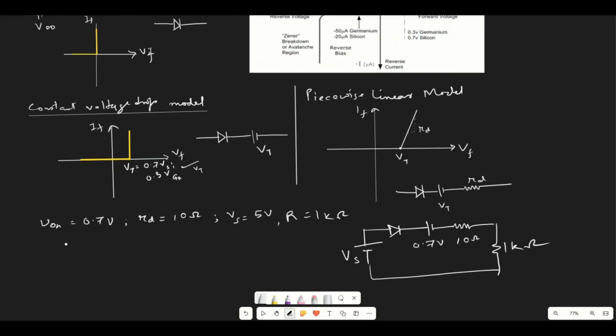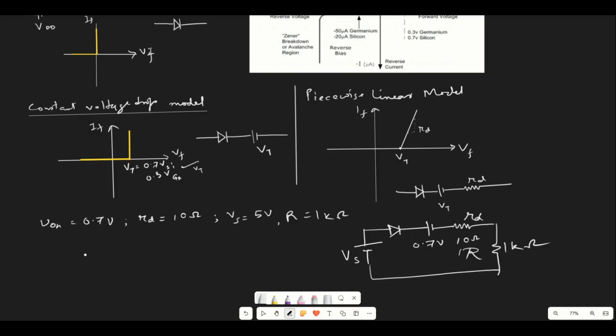Okay, so what we have here, in the numerical, is Vn equals 0.7, Rd equals 10. So this is Rd, 10 ohm, and then the output load is given by 1 kilo ohm, and the diode knee voltage, or the threshold voltage, is given as 0.7 volt.